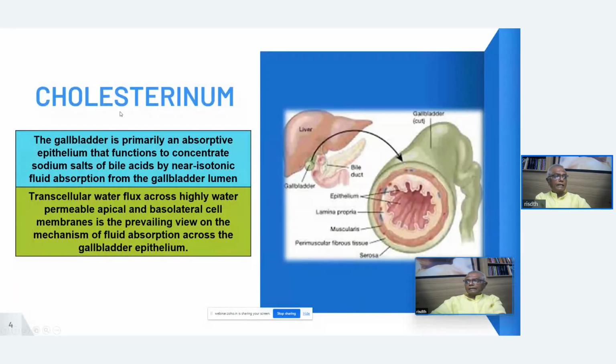Then it is an absorptive epithelium that functions to concentrate sodium salt of bile by near-isotonic fluid absorption from the gallbladder lumen. So it keeps the sodium salt in balance in an isotonic fluid, which means the pH level is maintained. Transcellular water flux across highly water-permeable apical and basolateral cell membranes is the prevailing view on the mechanism of fluid absorption across the gallbladder epithelium.